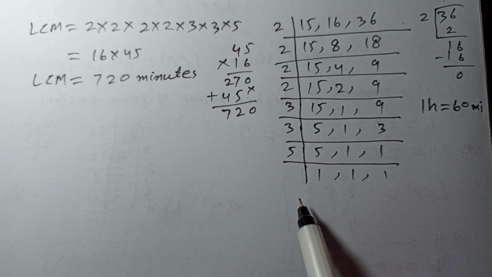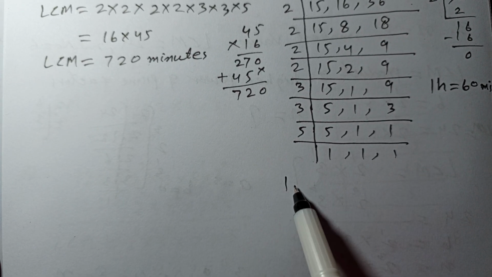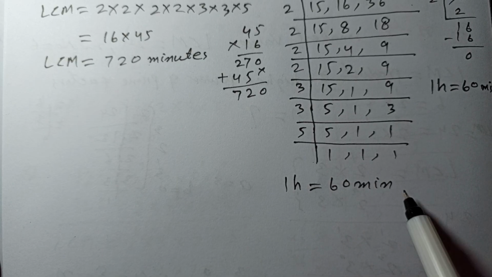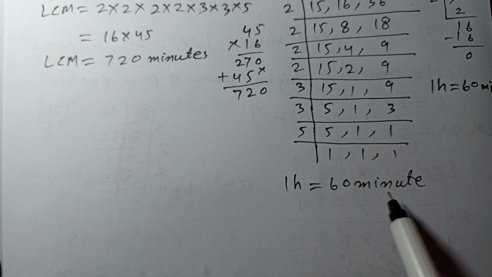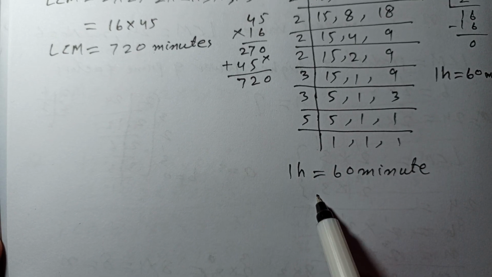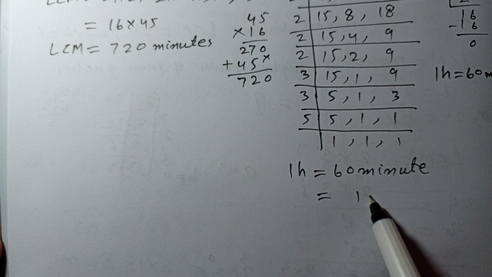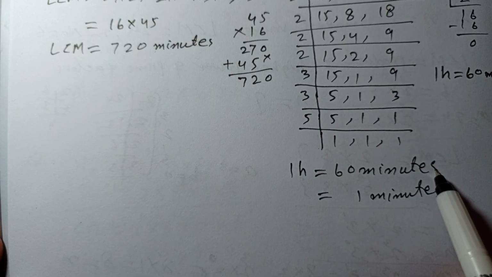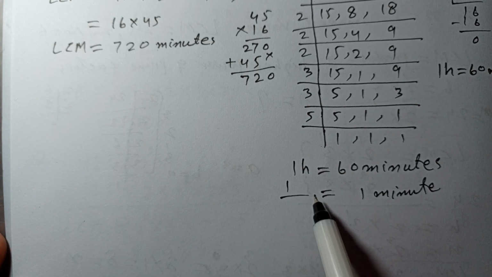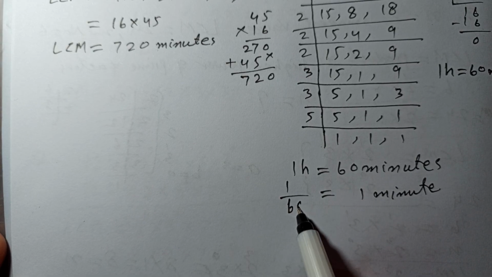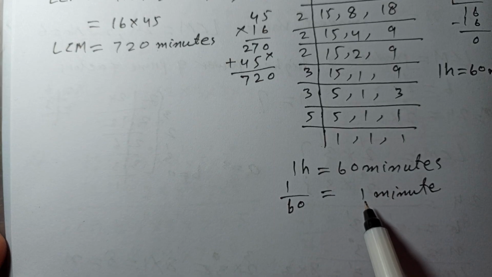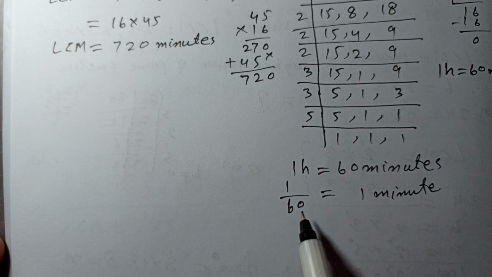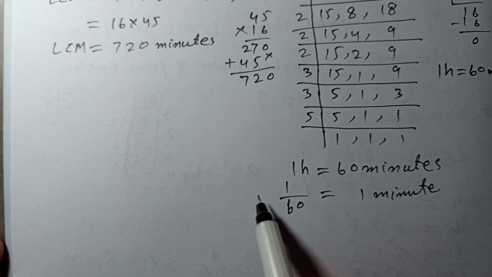As we know that 1 hour is equal to 60 minutes, we can know that 1 minute is equal to 1 over 60, because 60 is multiplied on this side, it will move to the other side and be divided. So 1 minute will be 1 over 60 hours.